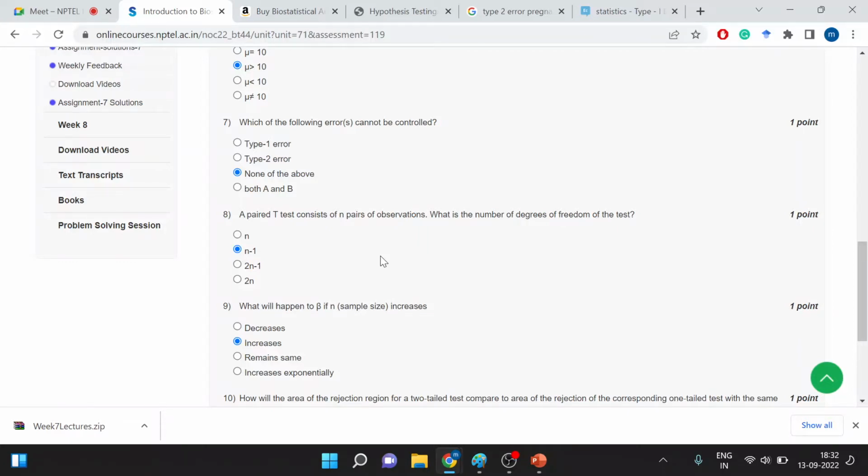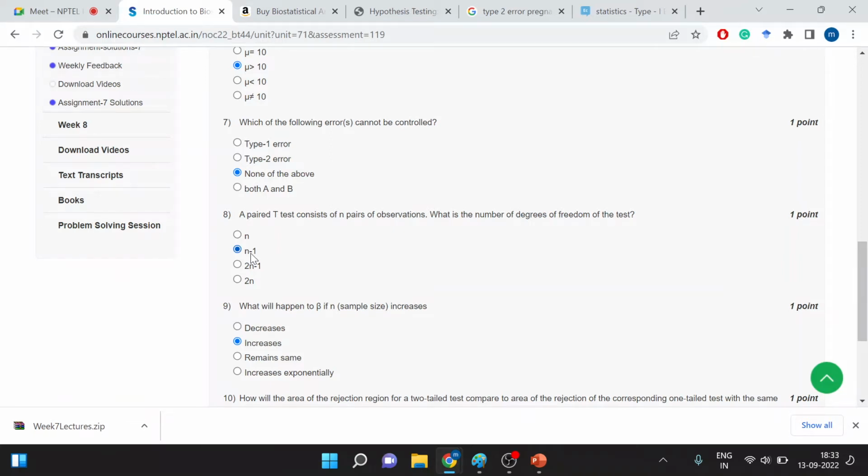Now, when can that happen in a t-test? It can happen only when I give you the values of n minus 1. Suppose you have a data set with 20 observations, and I tell you about 19 of them, you can easily figure out where the 20th is coming from, from which person.